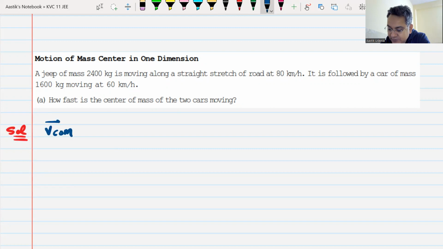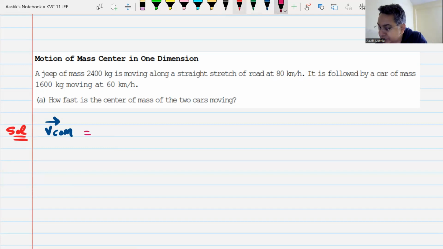And why is this pen so dark? Something is wrong.